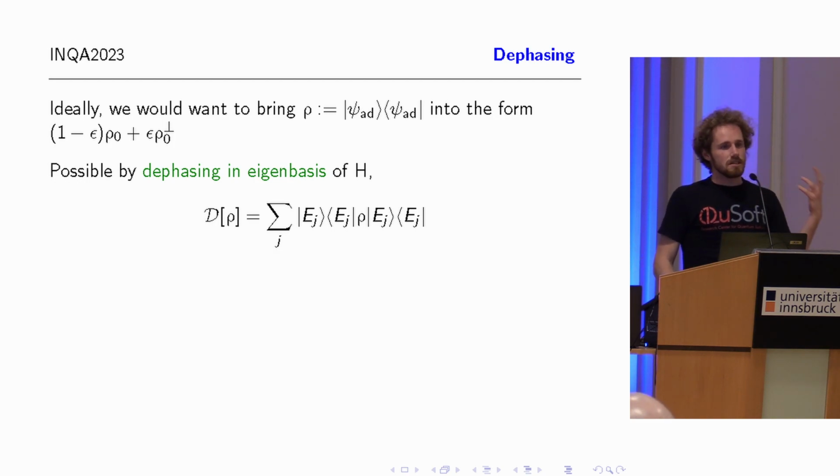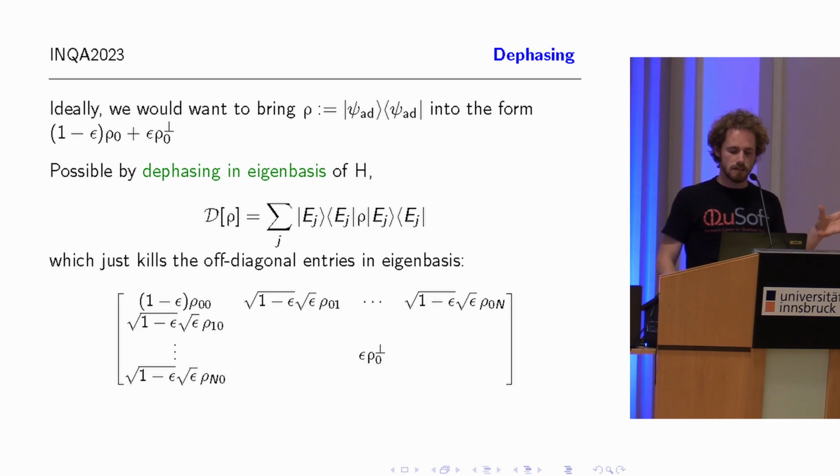What it does is improve the bias in estimating an observable with respect to the true ground state from square root of epsilon to epsilon squared.